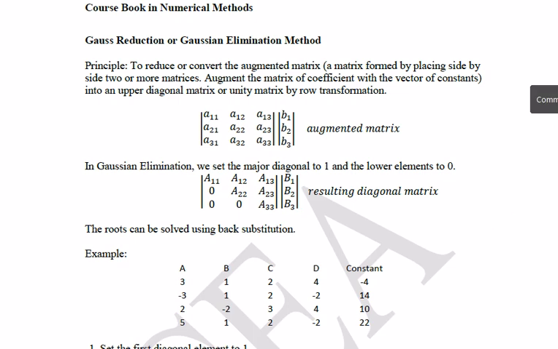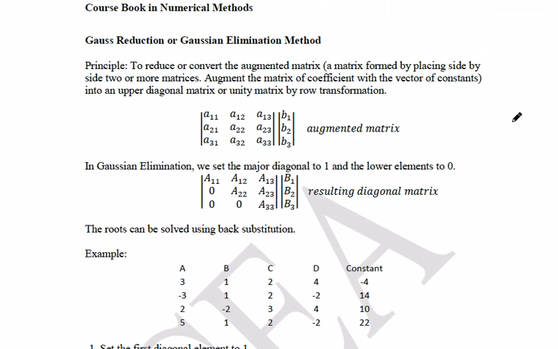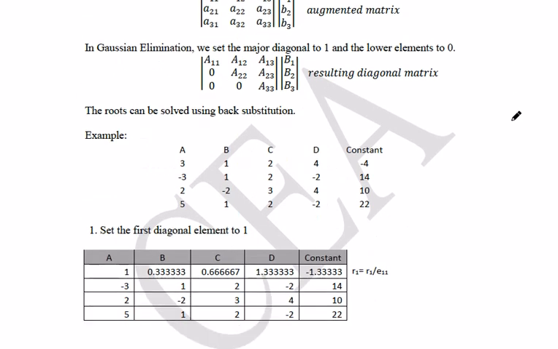To fully understand the Gaussian reduction or Gaussian elimination method, we have here an example. This is 4 equations with 4 unknowns. We have 3a plus b plus c plus d equals -4.